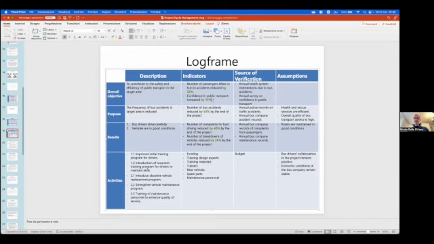So in this case, we can foresee very in-depth activities to measure the indicators in a very detailed way.